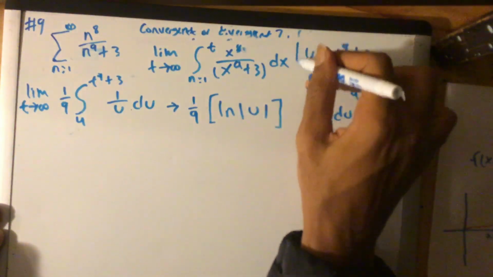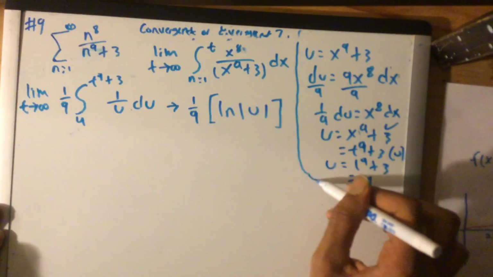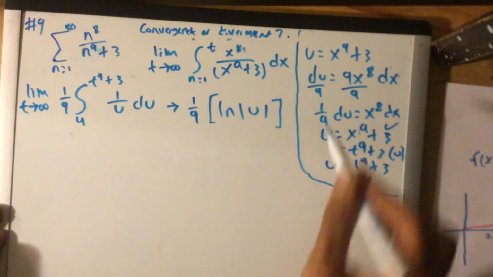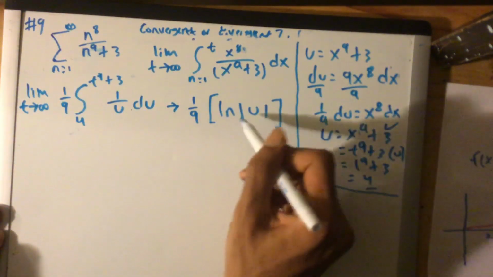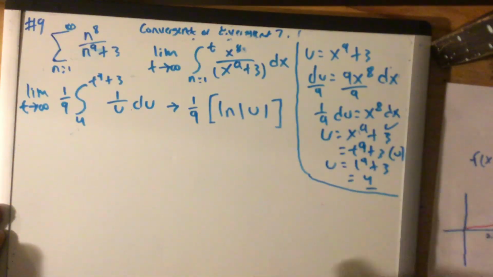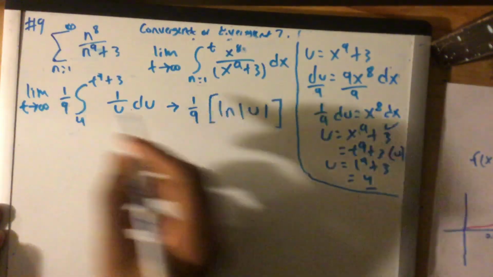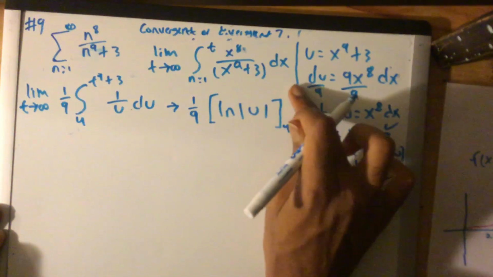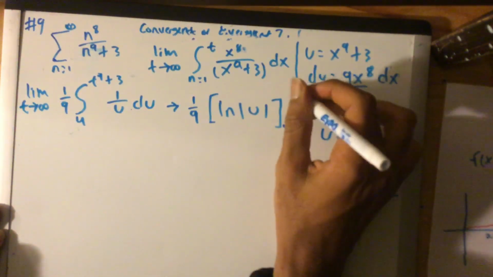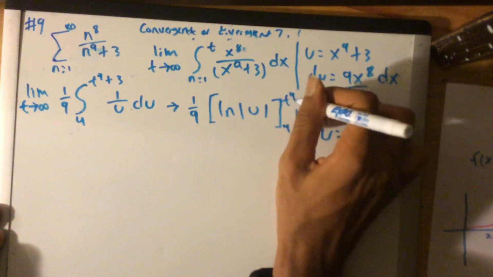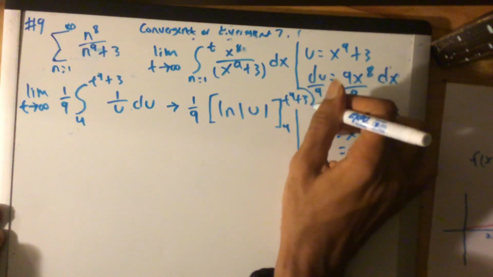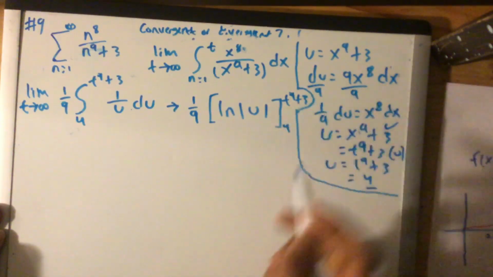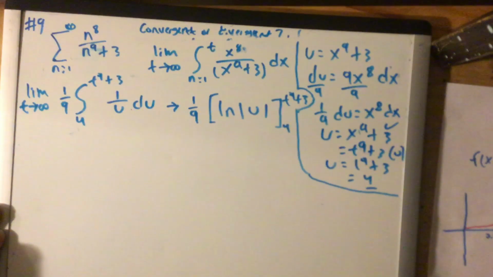Don't confuse this one with this one right here, because it's completely separate. This is showing the progress. Let's continue to solve, with bounds 4 and t to the power of 9 plus 3. We can rewrite it again to make sure we got everything right.